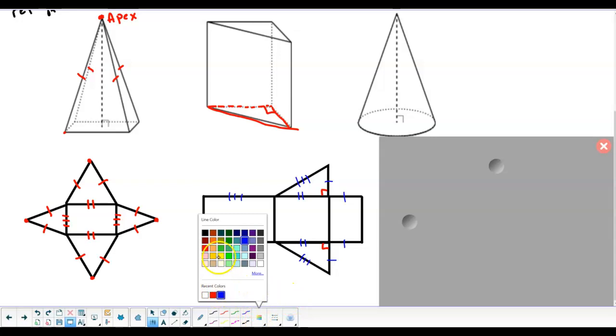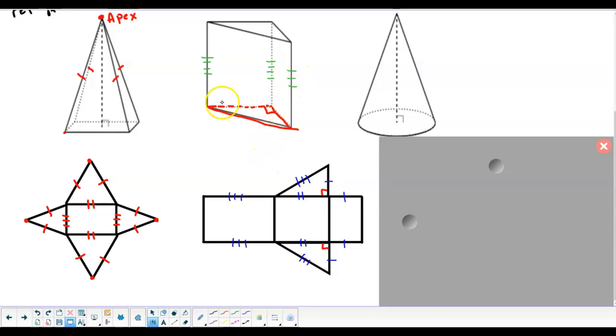And then I'm just going to use a different color here, but notice the height of this triangular prism is the same throughout. So then I should mark the height between the 2 bases. So when you do draw nets or you draw your surfaces, you should add congruent markings so the reader knows exactly what's going on.